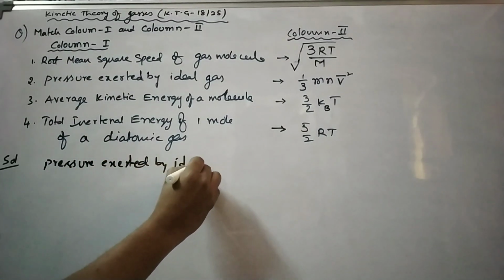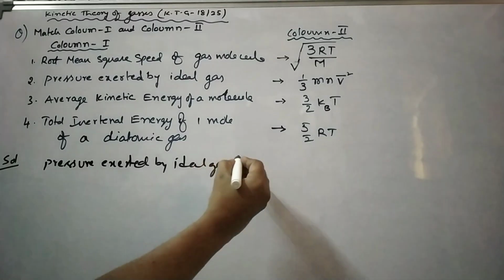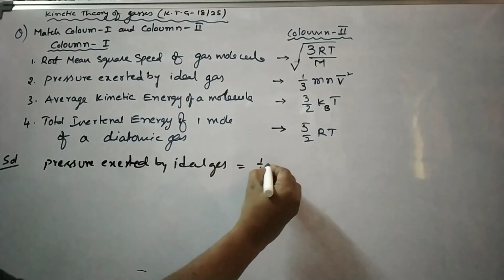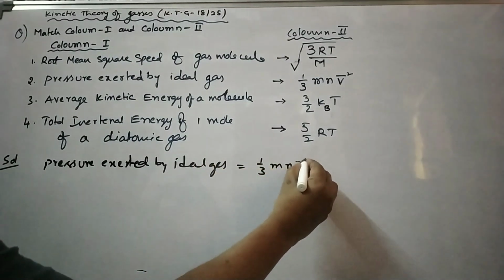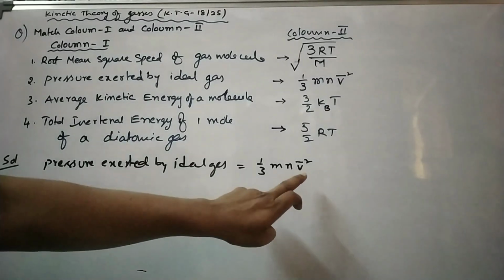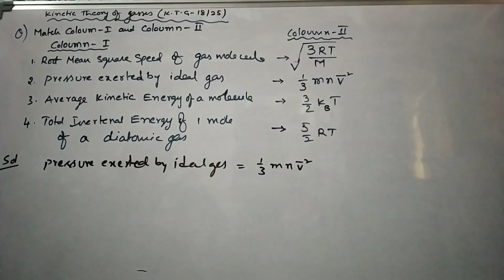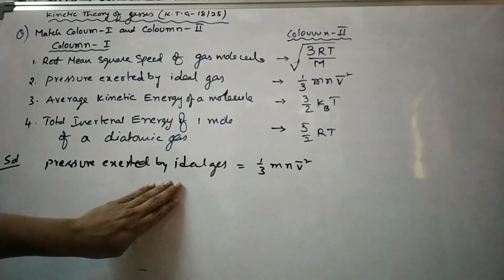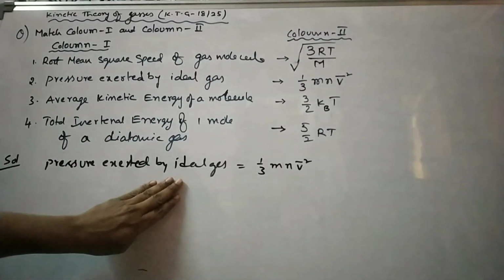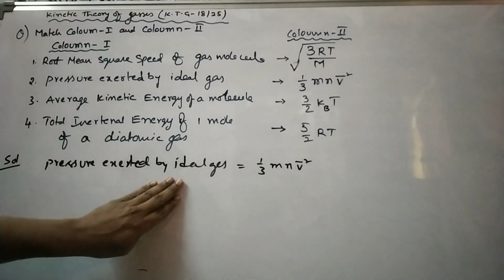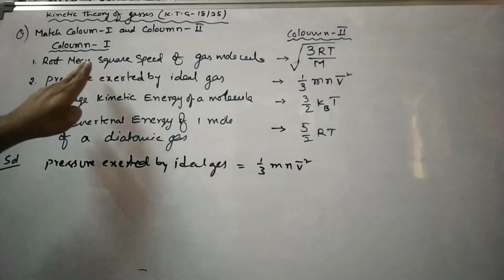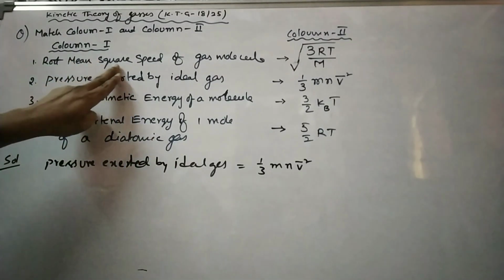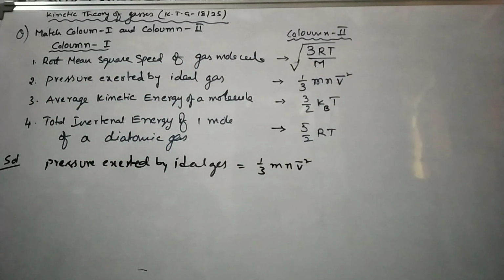Pressure exerted by an ideal gas is equal to 1/3 m n v bar square. Here v bar is the root mean square velocity or root mean square speed. So this is correct. Based on this main postulate, from kinetic theory of gases, we would like to derive the expression for root mean square speed of a gas molecule.